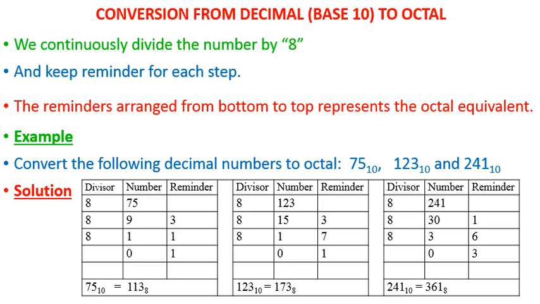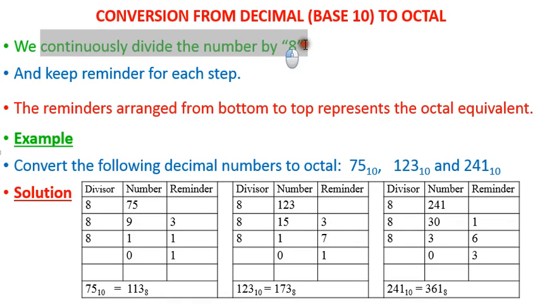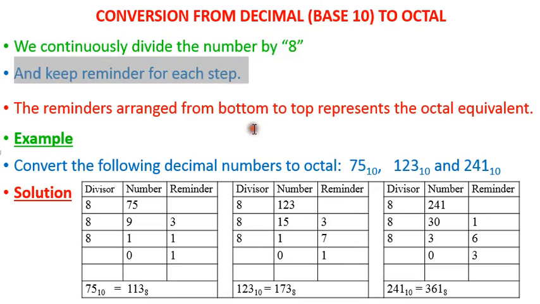In the same manner, if you want to convert from base 10 to base 8, all you need to do is to do continuous division by 8, and at each step you keep the remainder you get, just as we did under the conversion to binary.